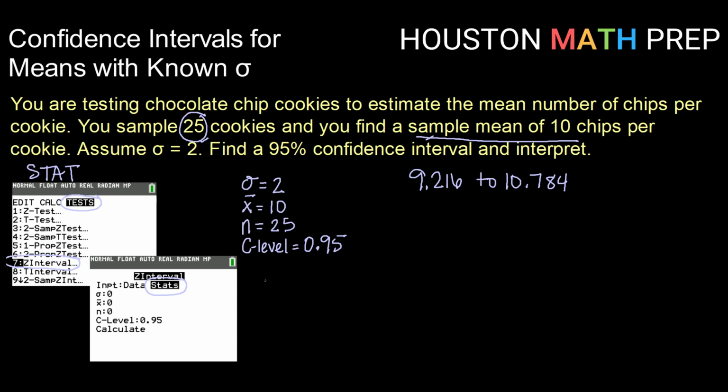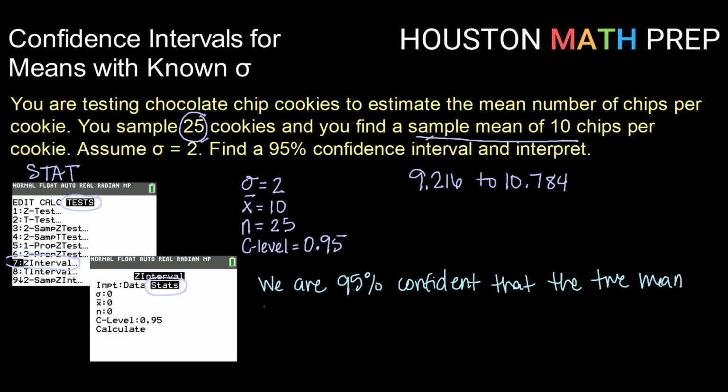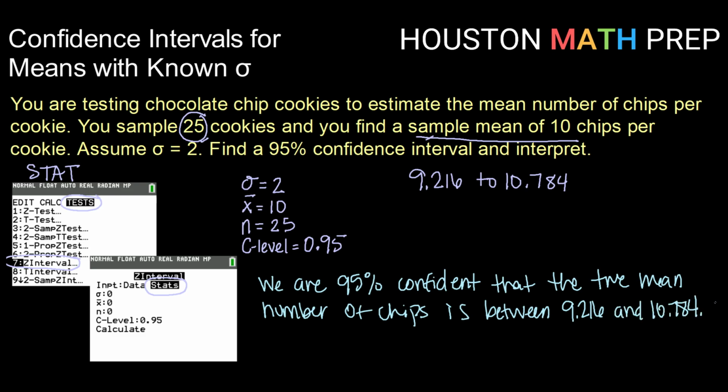So we always will report with a statement. We will say we are 95% confident, so there's our confidence level, that the true mean number of chips is between, so when we said true mean number of chips, that's giving our context of the problem, and then we want to state our interval, 9.216 and 10.784.